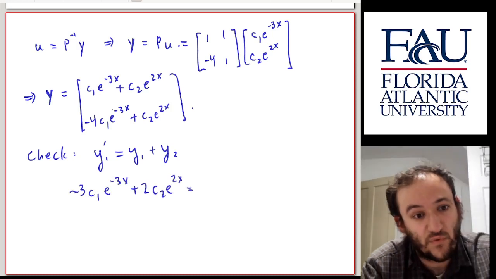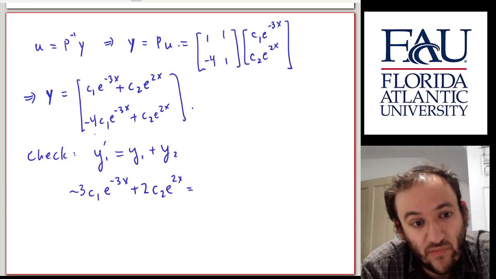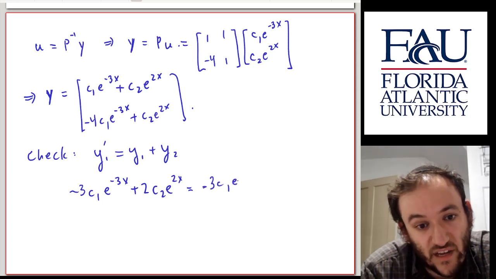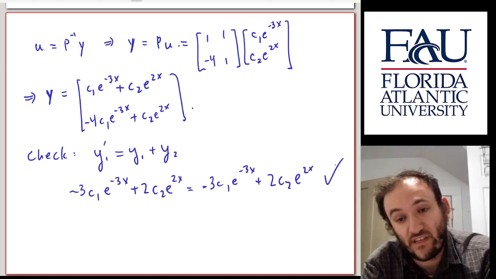And is that equal to y1 plus y2? Indeed it is, because you have c1 minus 4 c1, so that's minus 3 c1 e to the minus 3x plus 2 c2 e to the 2x. Check, that works out. And you can check the other equation for yourselves.